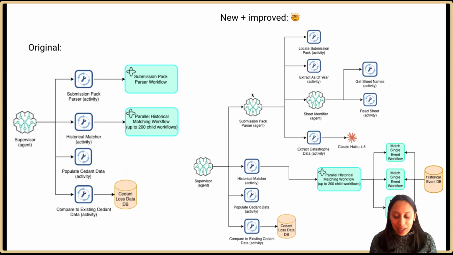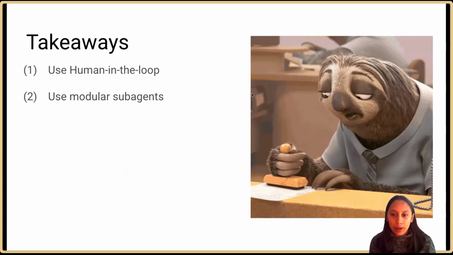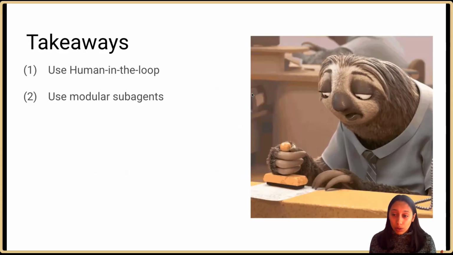And yeah, so essentially, two important takeaways are: think very carefully about where you want human in the loop. Where do you want the human to be able to intervene and say, nope, actually do it this way. Actually, I want to redo this agent. Use human in the loop if you need that functionality.